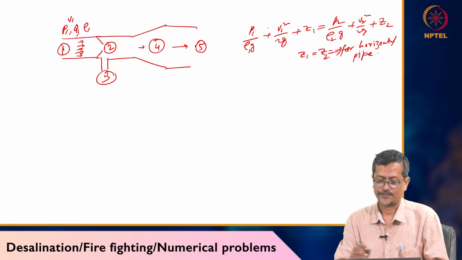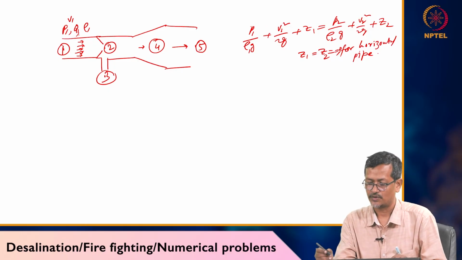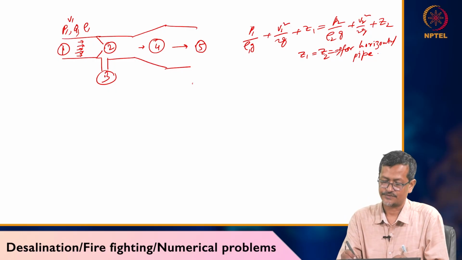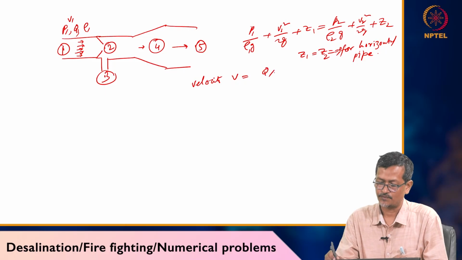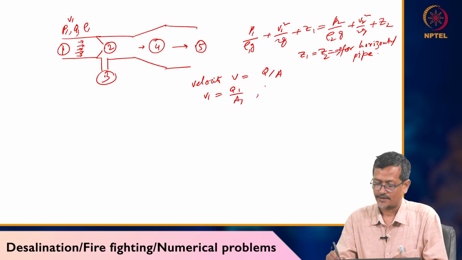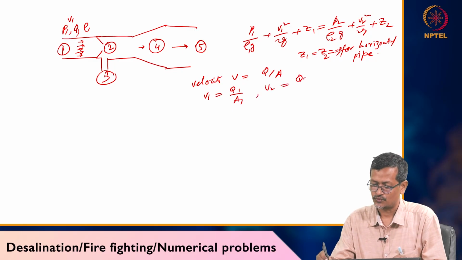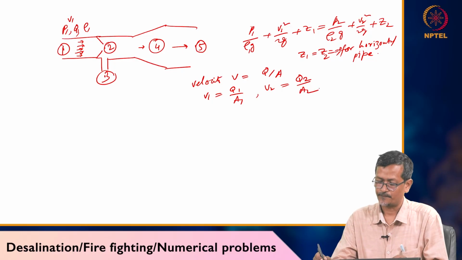Now pressure at 1 and pressure at 2 we can calculate. And what is the velocity? Velocity V equals Q by A, flow rate divided by area. So V1 equals Q1 by area 1 and V2 equals Q2 by area 2.